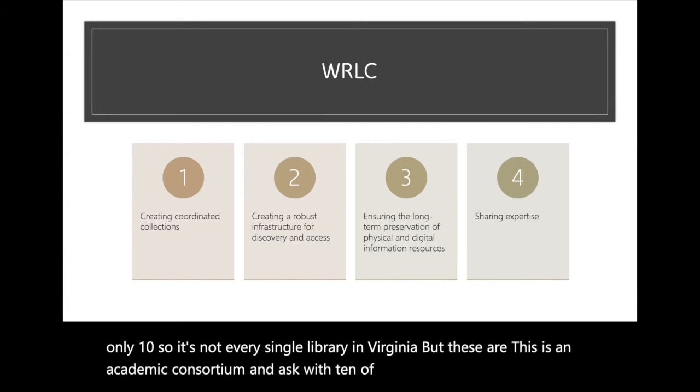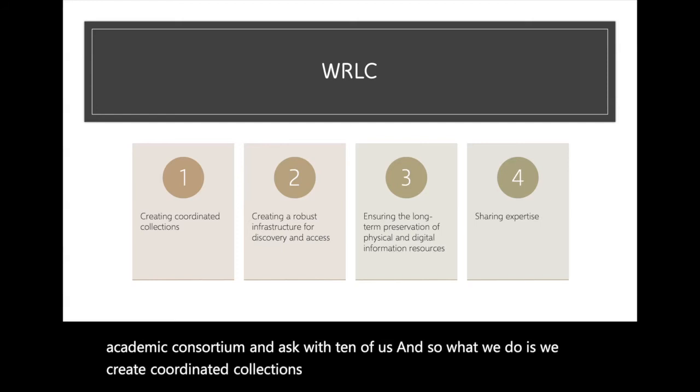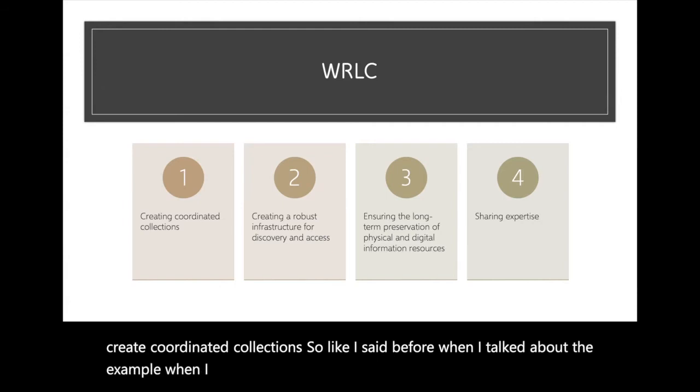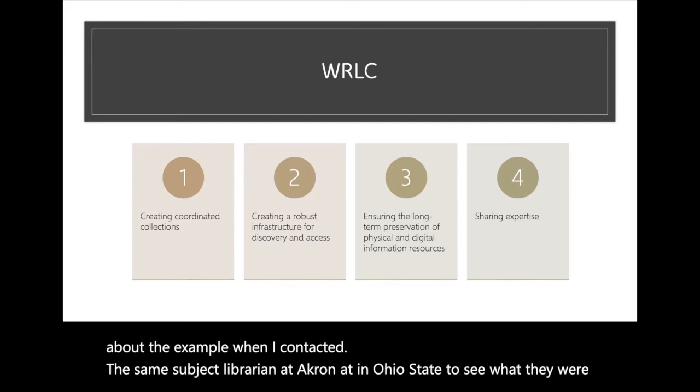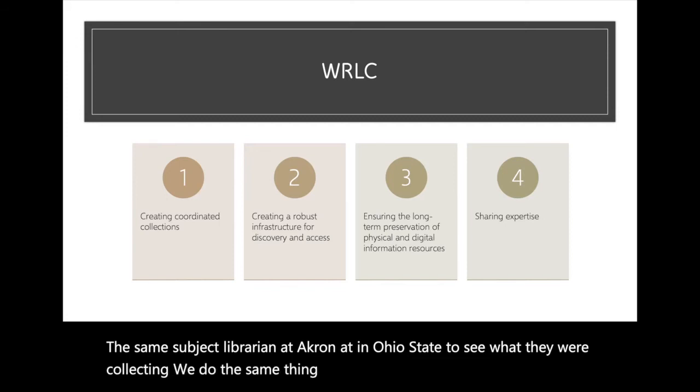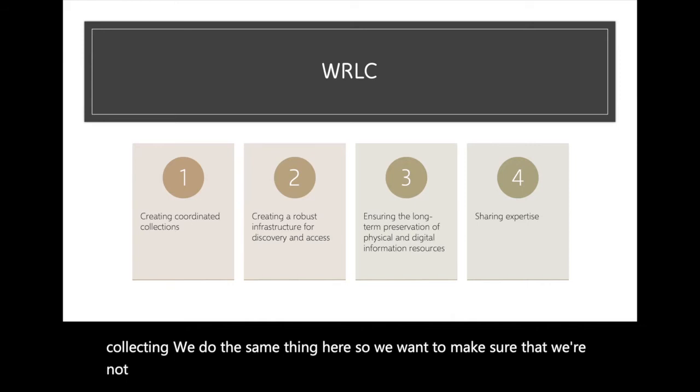And so what we do is we create coordinated collections. So like I said before, when I talked about the example when I contacted the same subject librarian at Akron and Ohio State to see what they were collecting, we do the same thing here. So we want to make sure that we're not duplicating the collections.